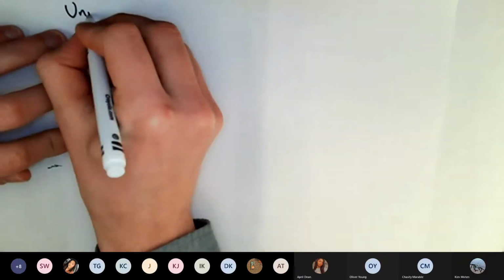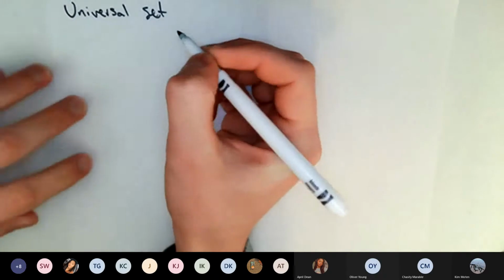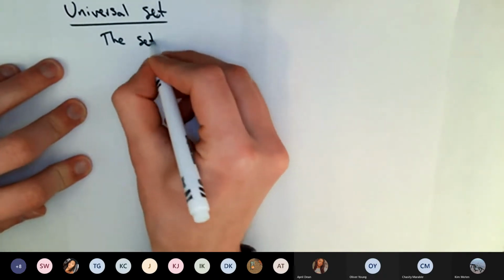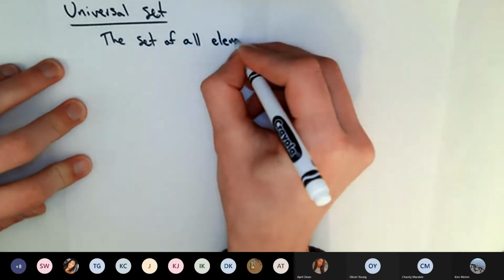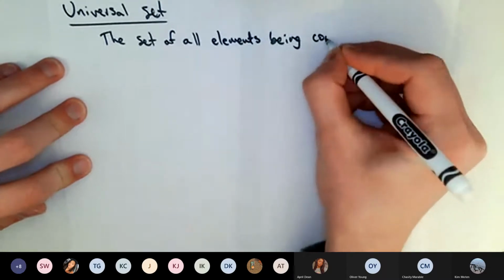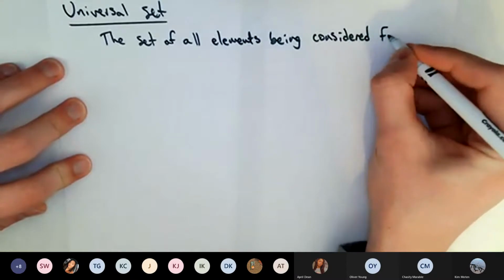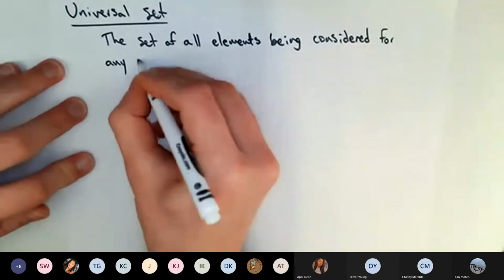Let's talk about another special set called the universal set. So what is this universal set? It is the set of all elements, this is from the text, by the way, I'm still following the text, being considered for some context problem for any particular situation.